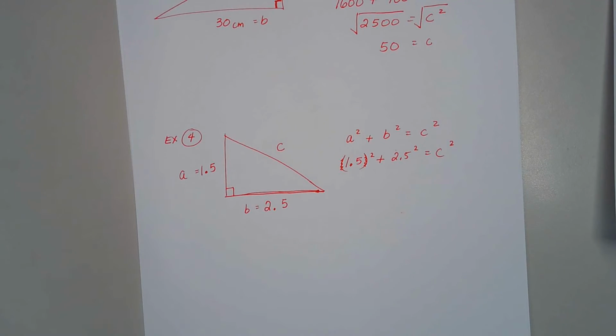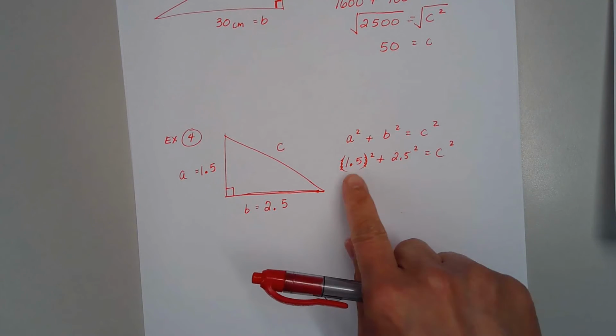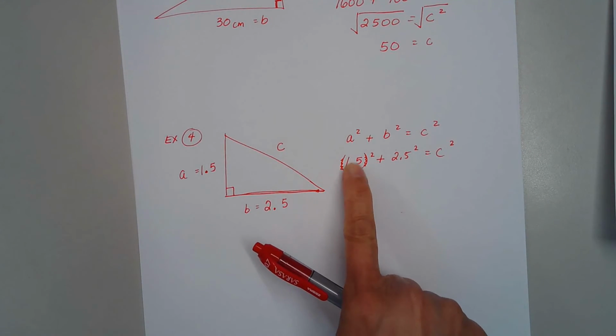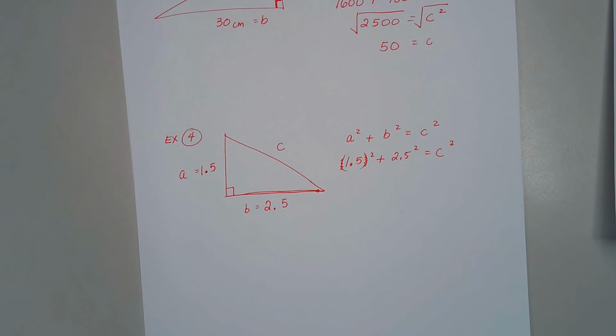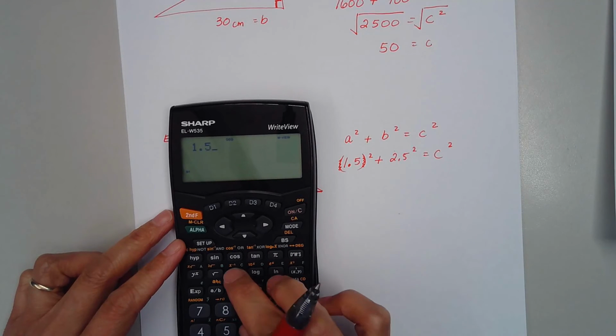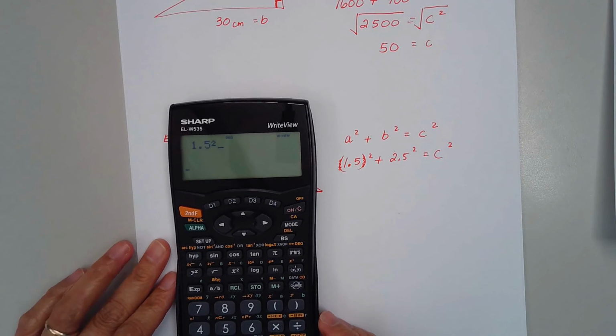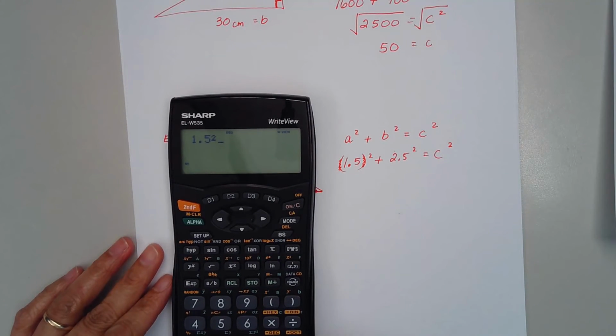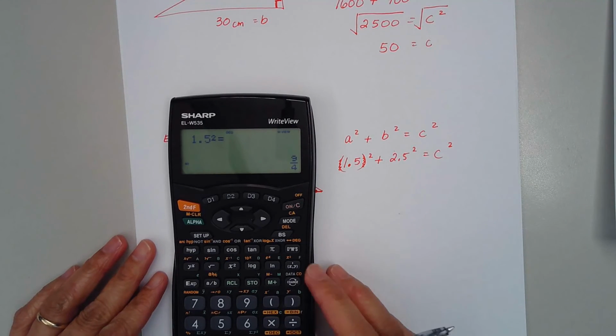Our first calculation would be figuring out what 1.5 squared is. So 1.5 squared is 2.25.